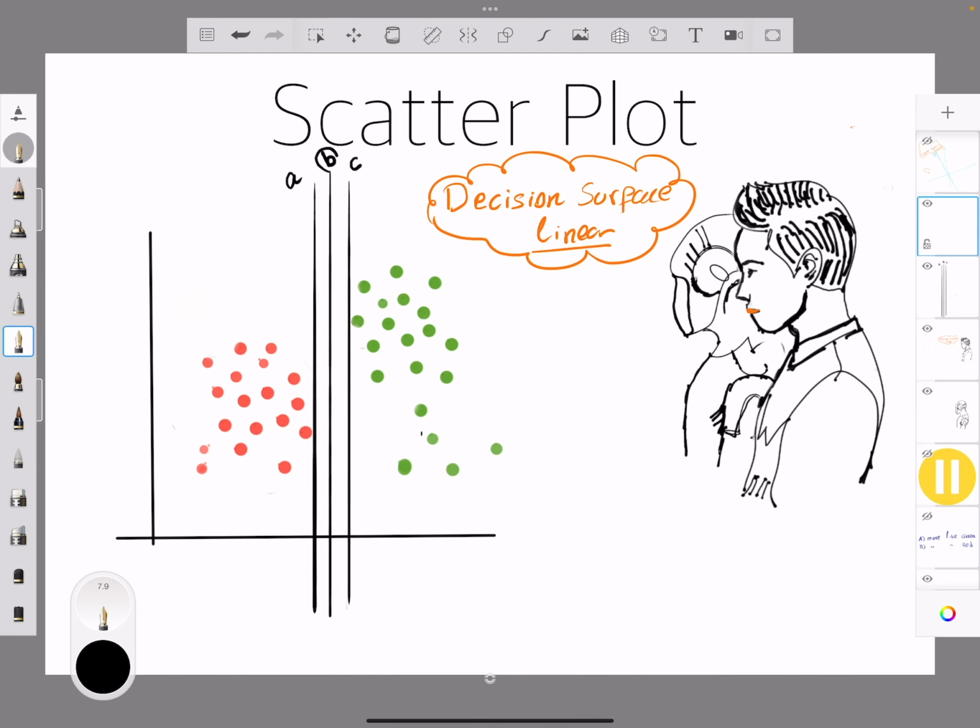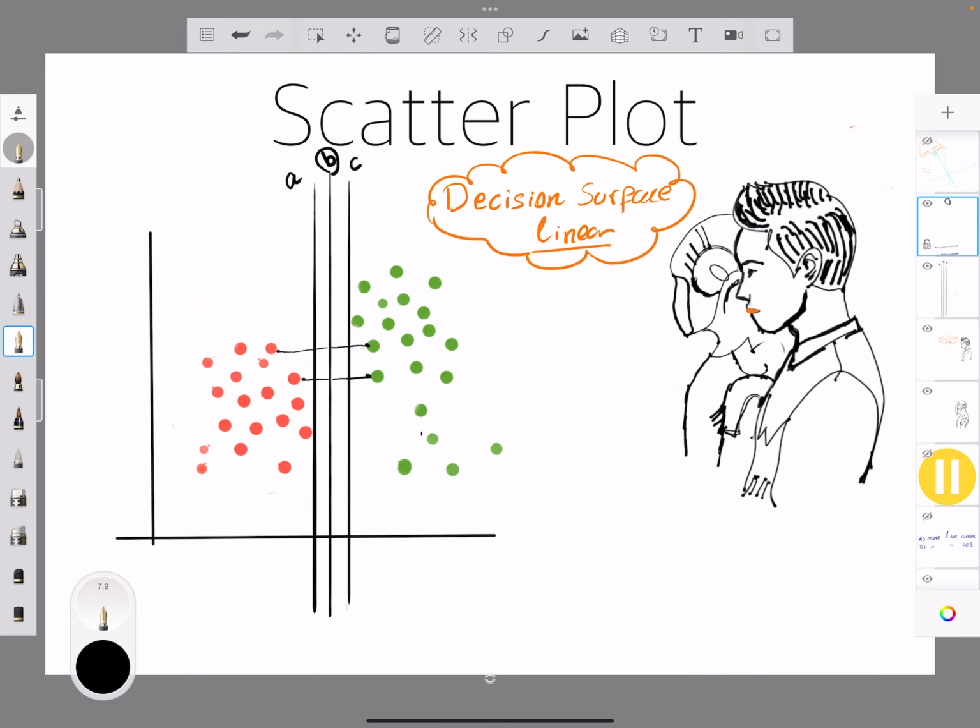We're going to go with B, so B is the best. What this line does, the others don't: it maximizes the distance to the nearest point, and it does this relative to both classes. So the distance to this point and to that point, to this point, to that point.